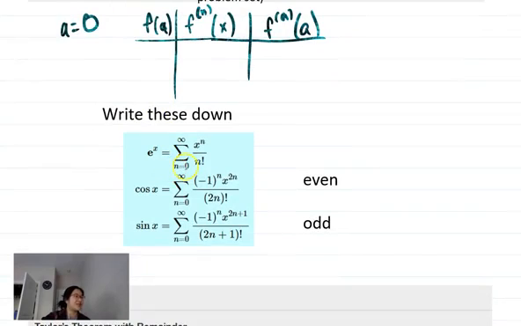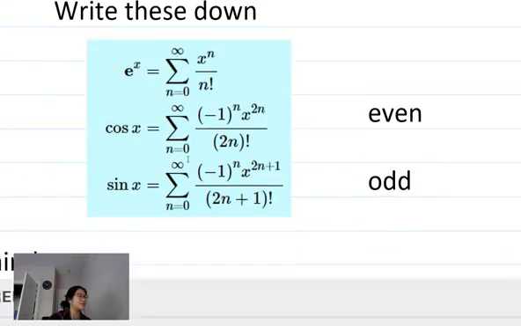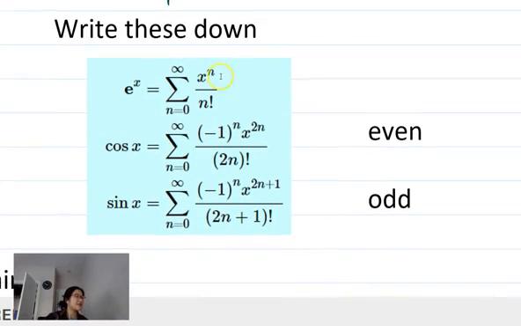So, as I alluded to, you should definitely write these down, and write out the work and stuff like that. We have e to the x. It's going to be our sum from 0 to infinity of x to the n over n factorial.